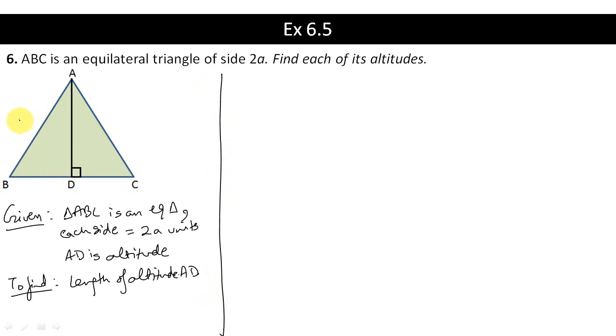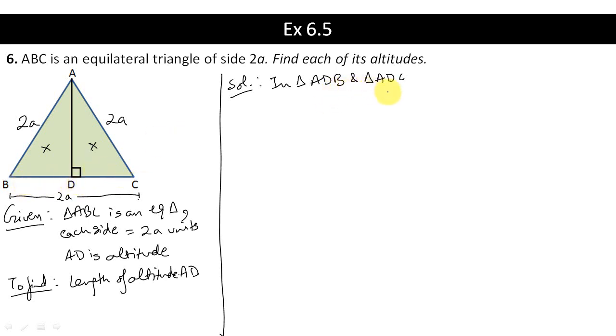So first of all, this is given as 2A, this is also 2A, base BC is also 2A. So first of all, we'll prove that triangle ADB is congruent to triangle ADC. So in triangle ADB and triangle ADC, although many of us know that in case of an equilateral triangle, the altitude will bisect the base, that is BD will be equal to DC.